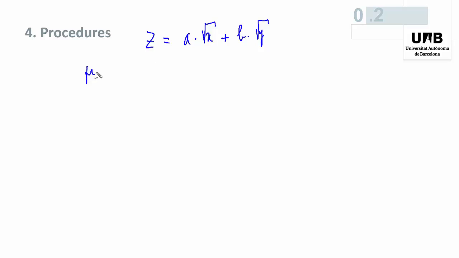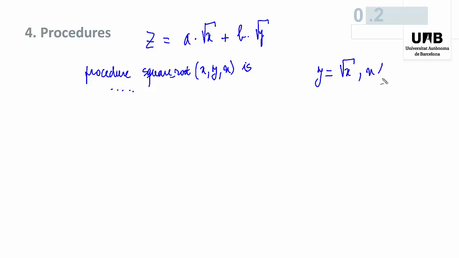So we will say procedure square root with parameters x, y, and n is, and then a set of instructions that computes y equal to the square root of x with the n fractionary digits, and end procedure.